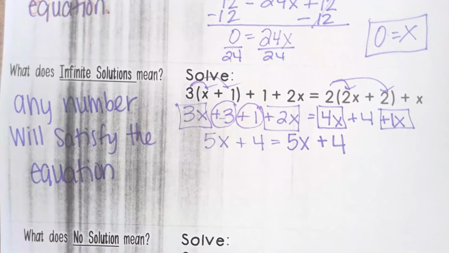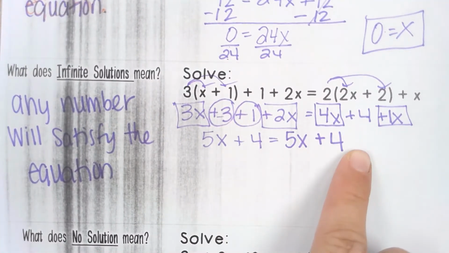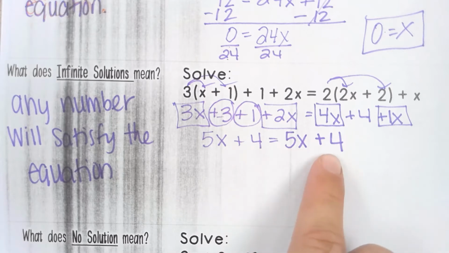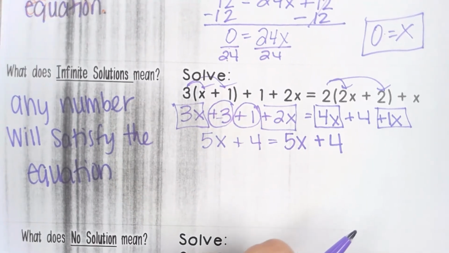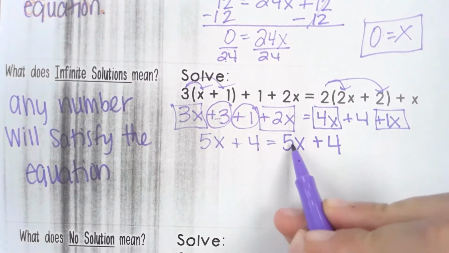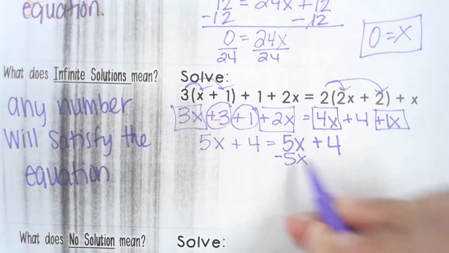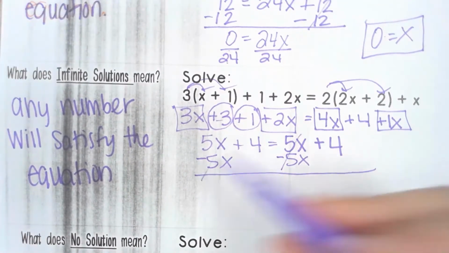Okay guys, so as soon as you get to this step and you see that your left side equals your right side, so you have 5x plus 4, 5x plus 4, that's your indicator that you will have infinitely many solutions, but you can keep solving it if you want to. Like I can move my 5x's to one side, and as you will see, they'll just cancel each other out.